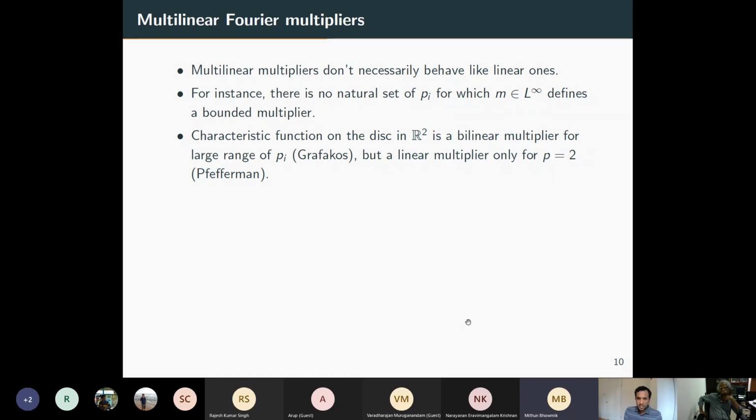So for instance, there's this result that the characteristic function of the disk in R2, if you consider it as a function of two variables on R, is a bilinear multiplier for a large range of p_i. But if you consider the characteristic function as a single variable function on the group R2, this is in fact a linear multiplier if and only if p is equal to 2. This is a result by Fefferman.